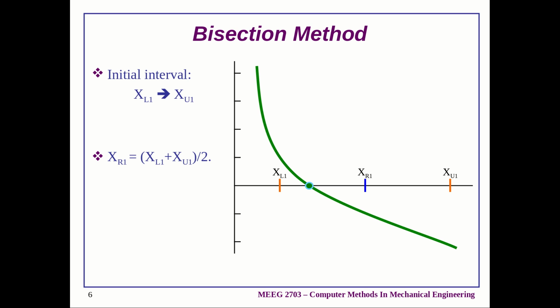Starting out we have XL1 and XU1 right here, and here's our approximation for the bisection root for this first interval. Then all we do is determine that the real root is over on this side. We come up with a new interval, XL2, XU2, and here's our root, XR2.